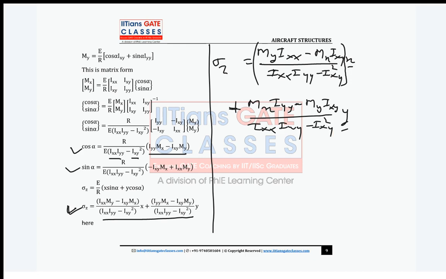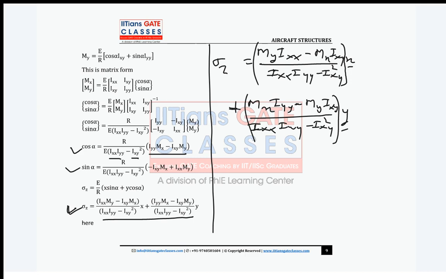Guys, can you remember this formula this way? Anyway, everybody remembers the determinant. The only trick: x, then moment will come My. My means multiplied by Ixx, then minus sign is there. Then minus Mx into Ixy. Same way, y means Mx into Iyy.